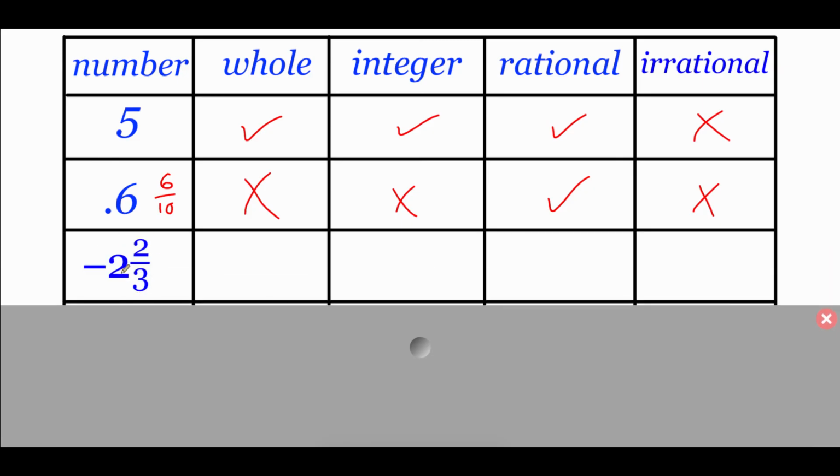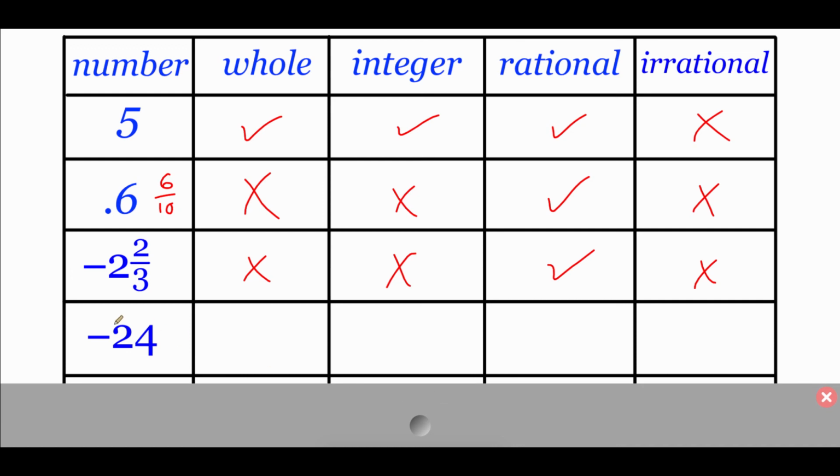Now, as we're taking a look at this one, we've got -2 and 2/3. It's not a whole number because we've got that fractional piece. And since it's not a whole number, it's also not an integer. It is a rational number. There's a way that we could write this as one big fraction. So it is rational. And since it is rational, then it cannot be irrational. Next one we've got here is -24.